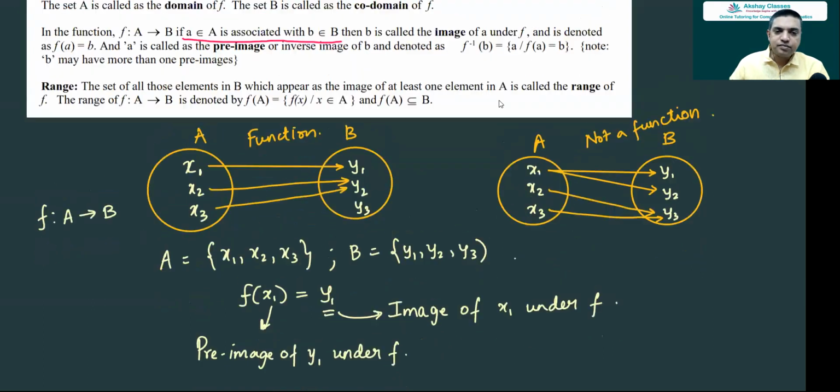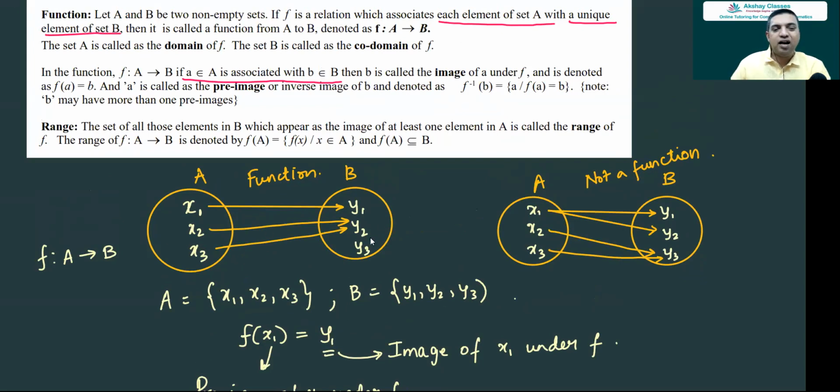Now, an element of B can have more than one pre-image. Very important part. These concepts can come in your general aptitude. It may not directly come in your engineering maths, combined with permutation and combination. So when we come to that, I will give some examples and show how these concepts will come.